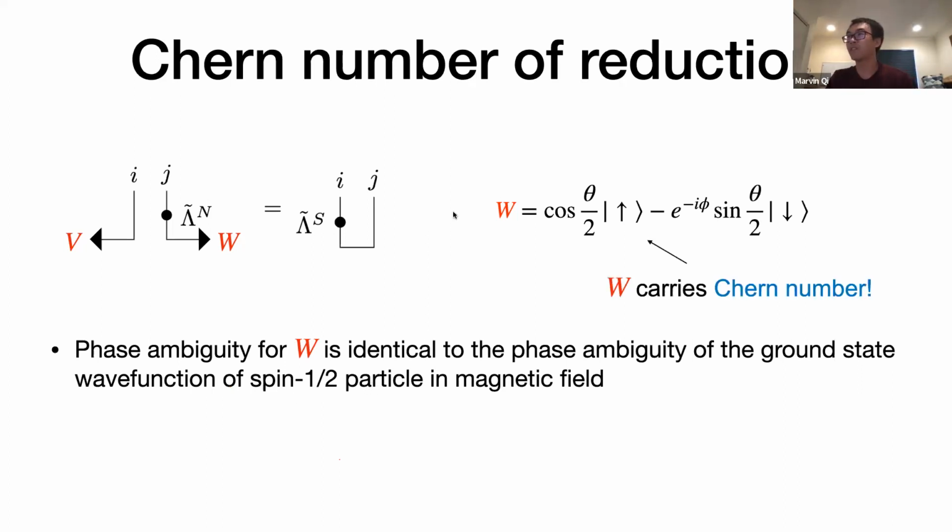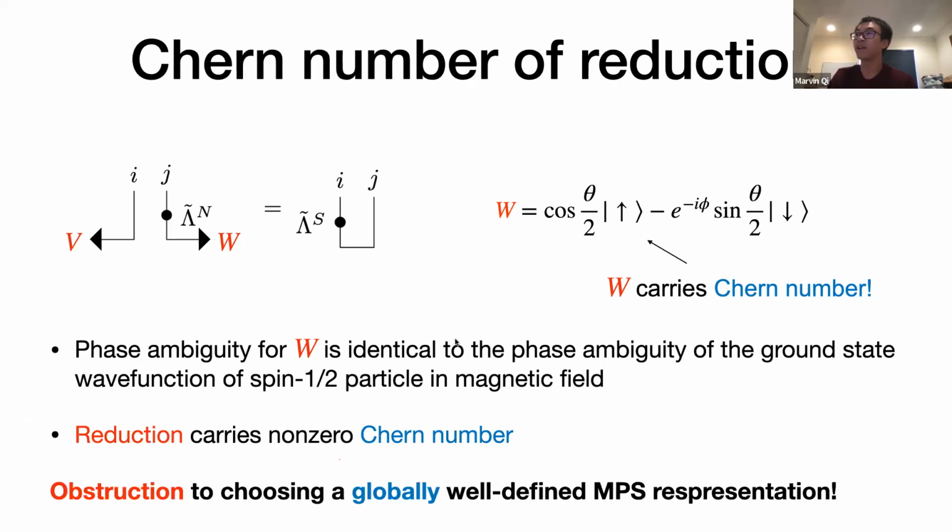So what we can say is this W carries Chern number. This reduction, this pair of matrices V and W, has a non-zero Chern number. And just like before, where the non-zero winding number implied an obstruction to finding a global wave function, this non-zero Chern number represents an obstruction to choosing a globally well-defined MPS for the system.